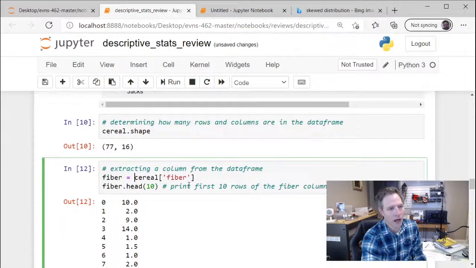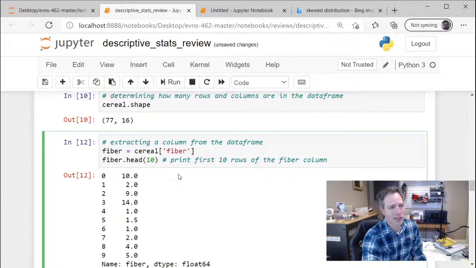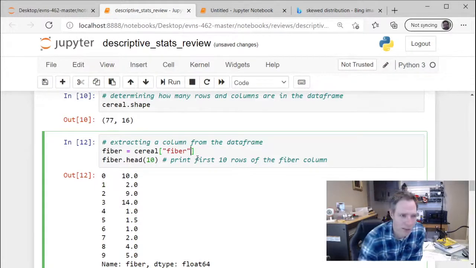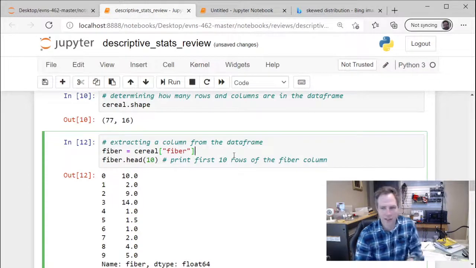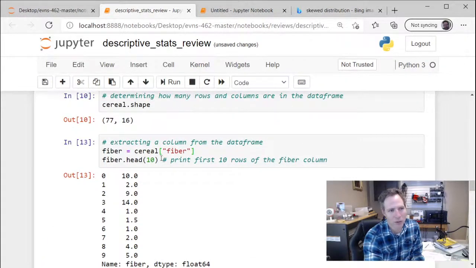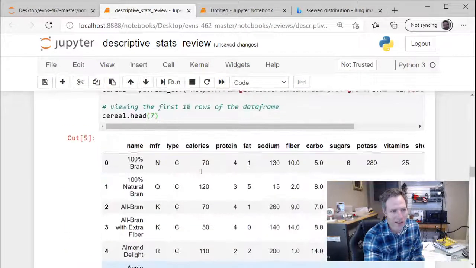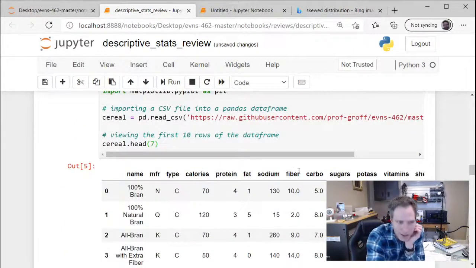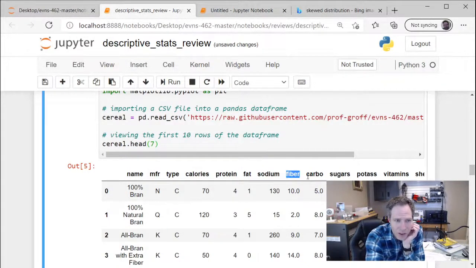There are other ways. This is equivalent. In Python, most of the time, single quotes and double quotes are the same. So I could use double quotes and that works as well. In this case, there is another shortcut, and this is because the column names are single words.